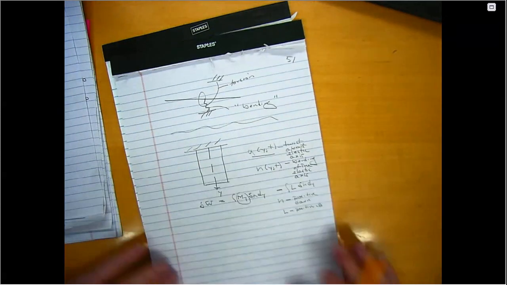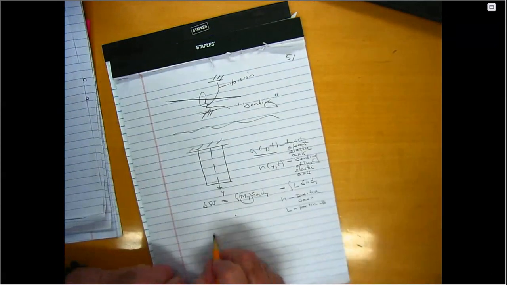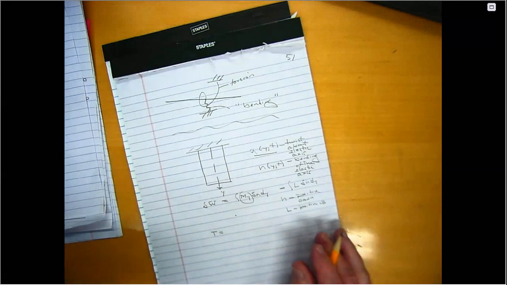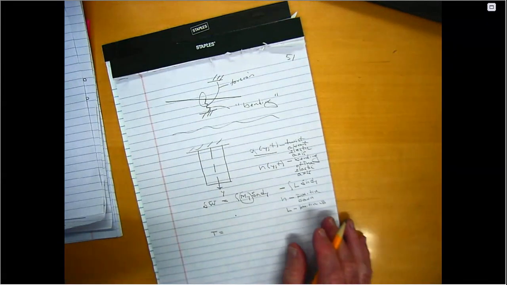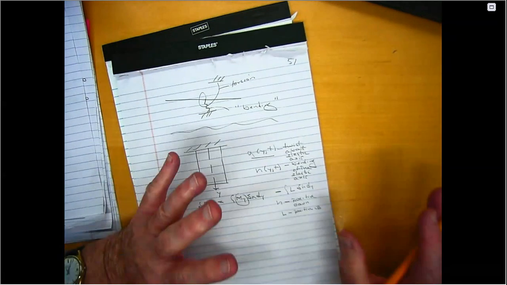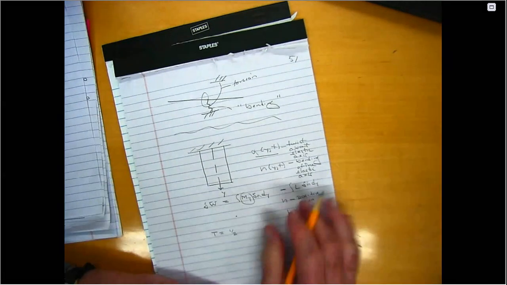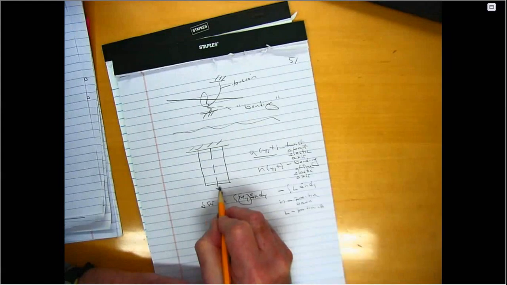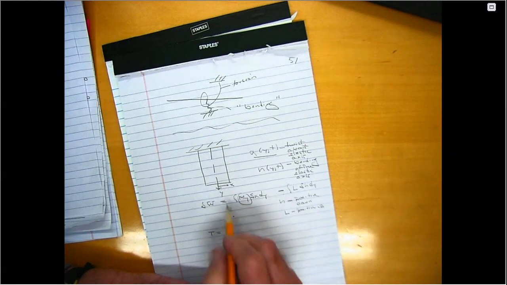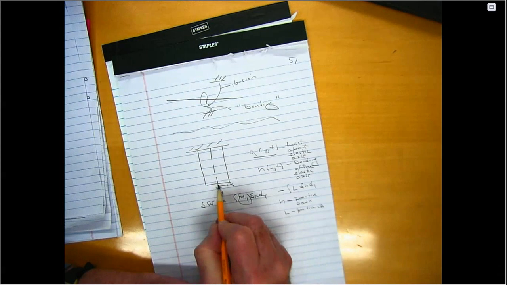Okay. Kinetic energy. I'm going to write this in an apparently more complex form. I'm going to define a coordinate x, whose origin is at the elastic axis and is positive toward the trailing edge.